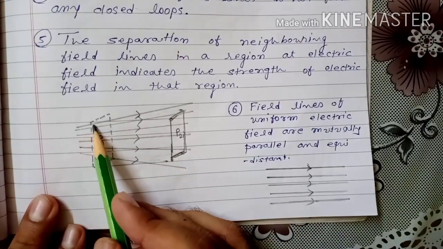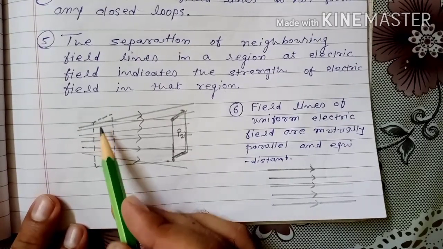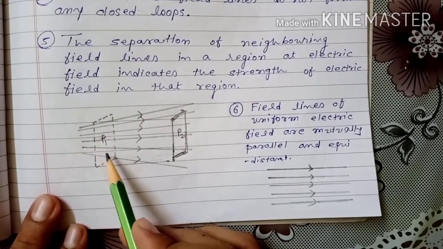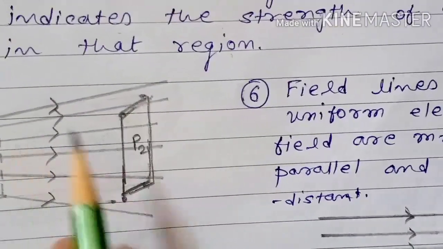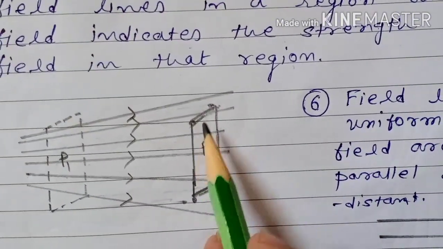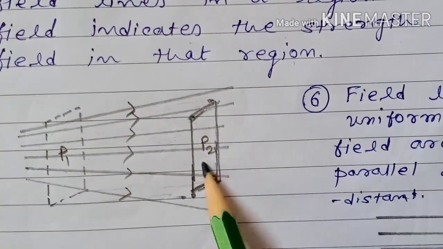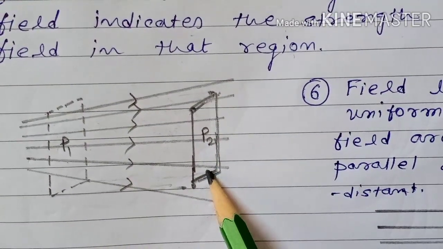If you observe how many electric field lines are passing through unit cross section P1: 1, 2, 3, 4, 5 and 6. A total of 6 electric field lines are passing through P1. And P2 has the same area. How many electric field lines are passing? 1, 2, 3 and 4 only.